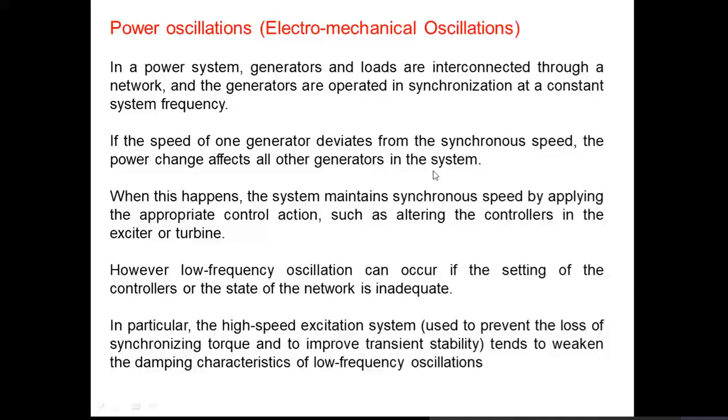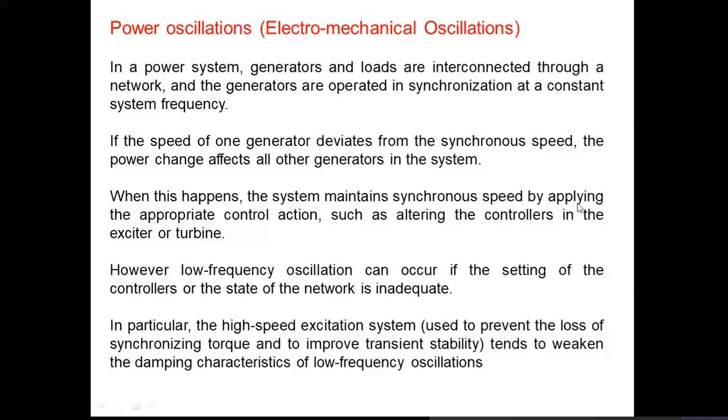When this takes place, it will be important to bring the synchronous speed back, because whenever there is a disturbance, frequency will deviate from the synchronous speed, and your objective is to get back to the synchronous speed, or within the range that we require.